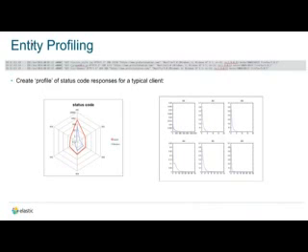Okay, so I've run through an example there, but there's a lot more as well. And just to give you a taste of some of the other capabilities we have, I want to go into something which we call entity profiling. This is something that we can do in the security space, but we can also do it in the operations space, where we're looking for unusual clients, unusual users, unusual processes. And we're looking for deviations between a particular client and the population. So we can do this at large scale.